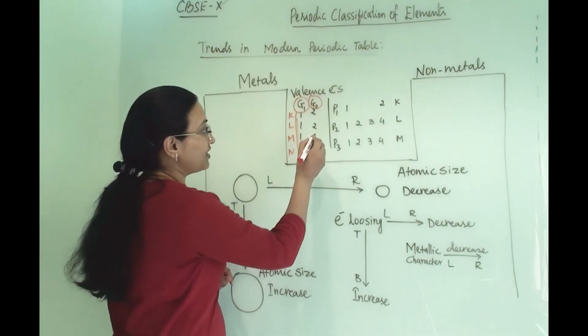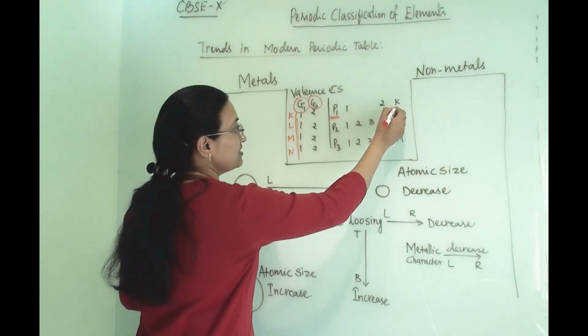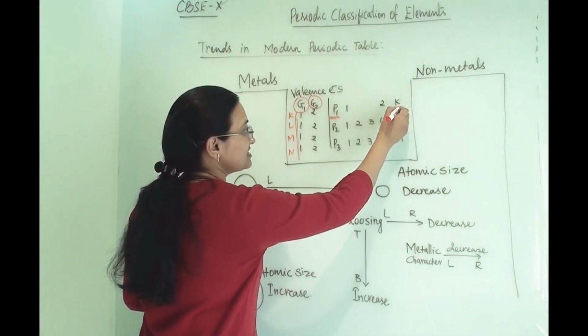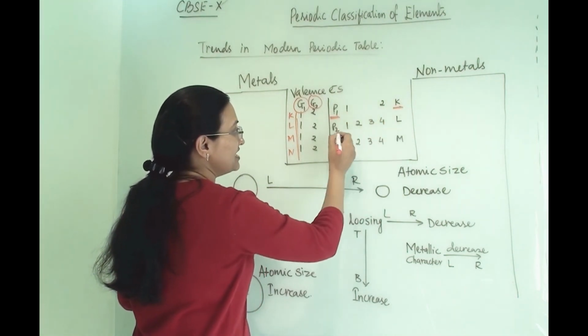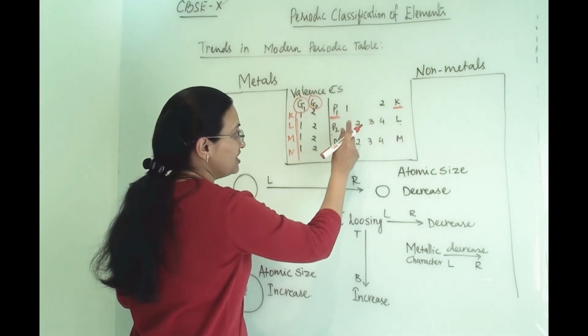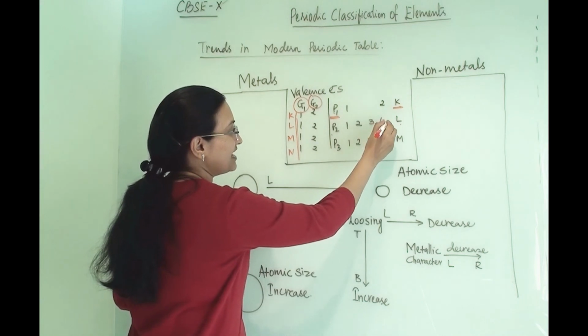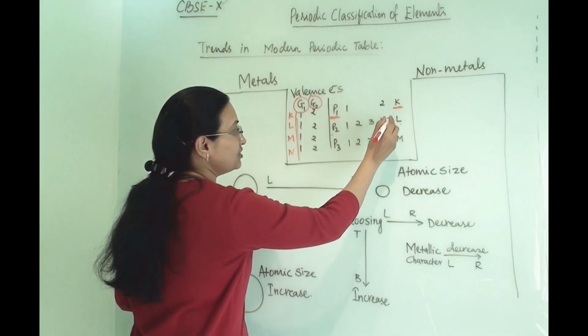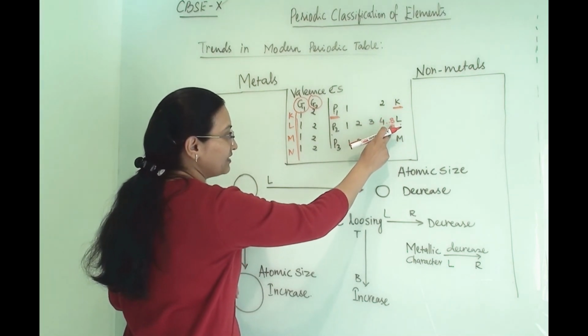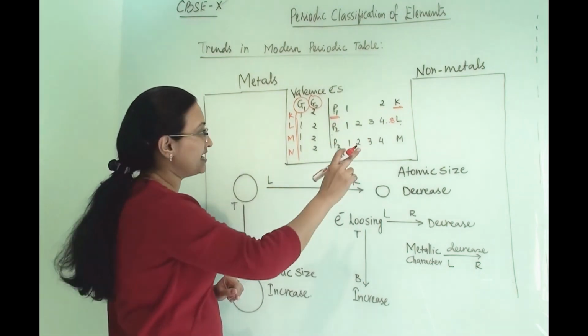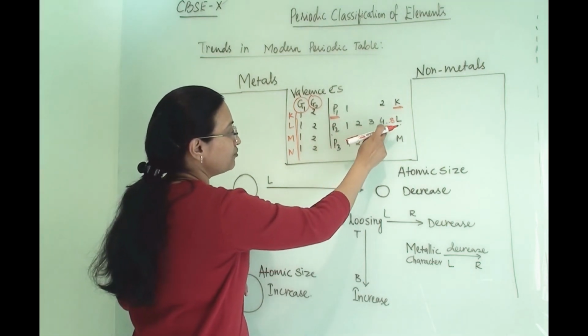Now when we are talking about a period, it is only for one shell. The first period is for the K shell, the second period is for the L shell. So in one particular shell 1 electron is being added up until that orbit is completely filled with 8 electrons. Last will be noble gases. So here 1, 2, 3, 4 and 8.